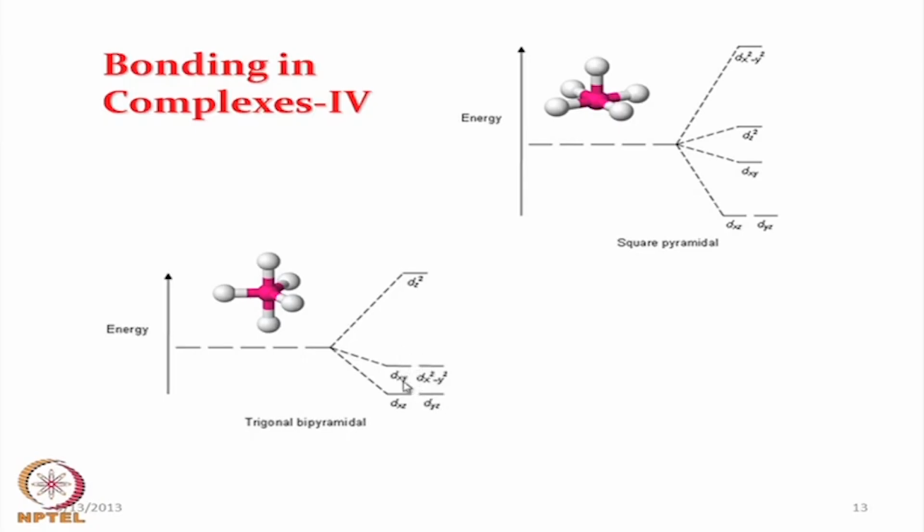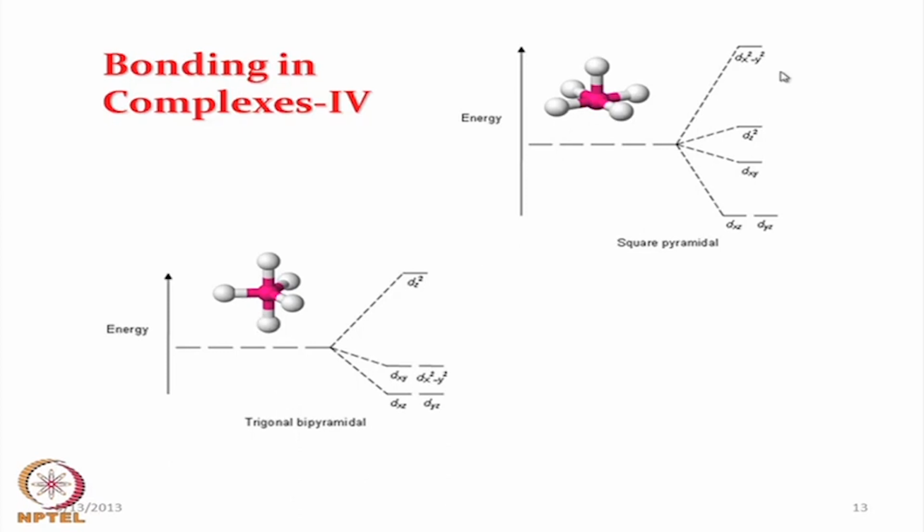So pairing in these levels gives rise to a diamagnetic situation, and the vacant orbital is what is different.